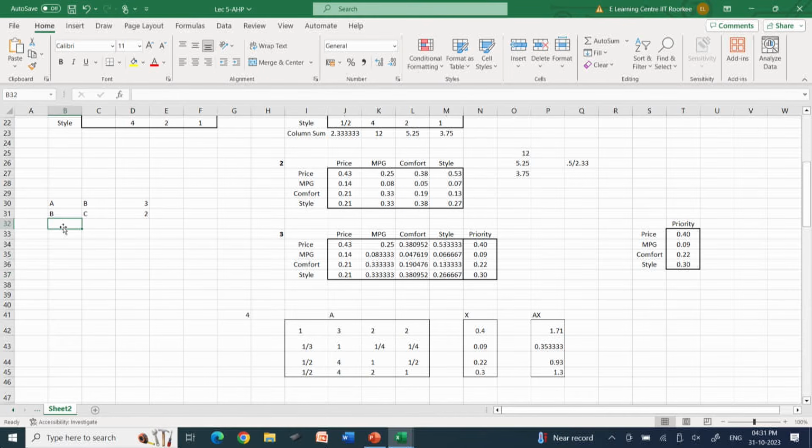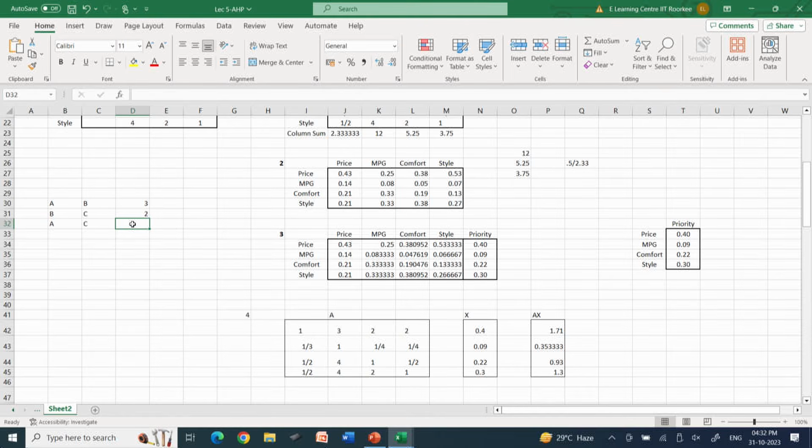Suppose I want to compare A and C. It should be greater than or equal to 6, because when I compare A and B, A is 3 times more important, and when I compare B and C, B is 2 times more important than C. So if I compare A and C, it should be 6 and above, minimum 6.